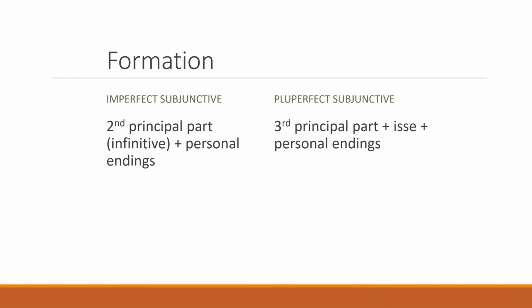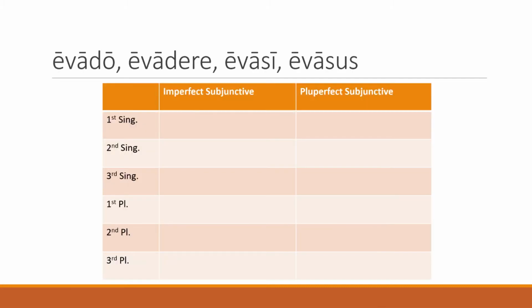Alright, so let's try giving all the personal forms of these subjunctives. Let's start with evado, evadere, evasi, evasus. This means to escape. Now, all we have to do, remember from the previous slide, is take the imperfect subjunctive. To make the imperfect subjunctive, we're going to take the infinitive right here, and we're just going to add personal endings to it. We start with evadere, and then we just add our personal endings.